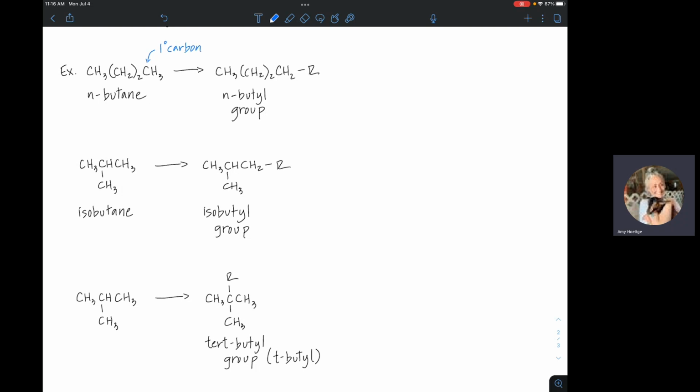In other words, it has one R group and 3 hydrogens. So imagine that CH3, CH2, CH2 equals R in that case. That's a primary carbon.